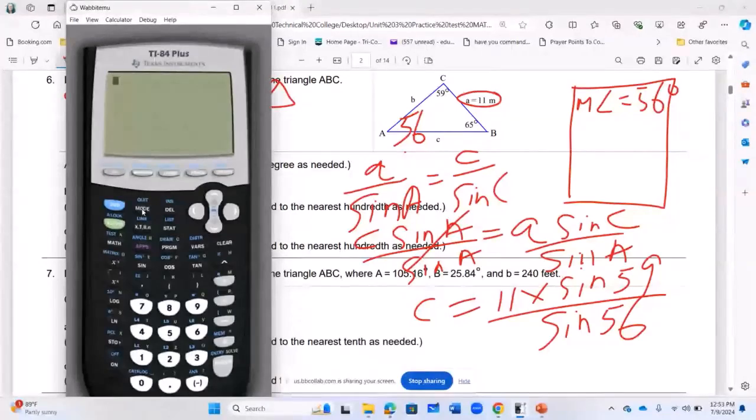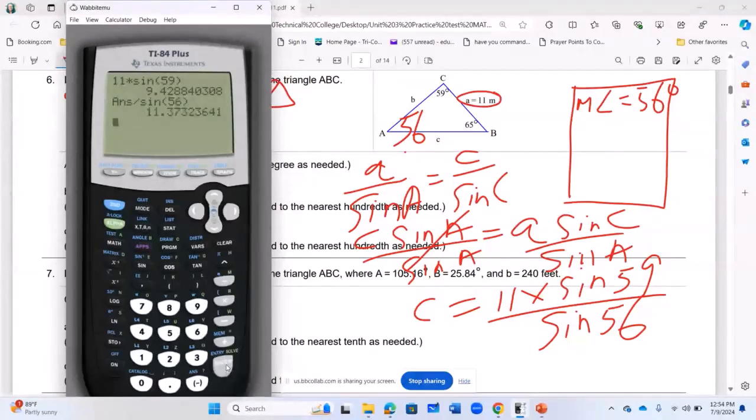So now I'm ready to find the value of C. I work with the numerator first: 11 multiplied by sine of 59 degrees, close parentheses, then divide my answer by sine 56 degrees, close parentheses. I hit enter.